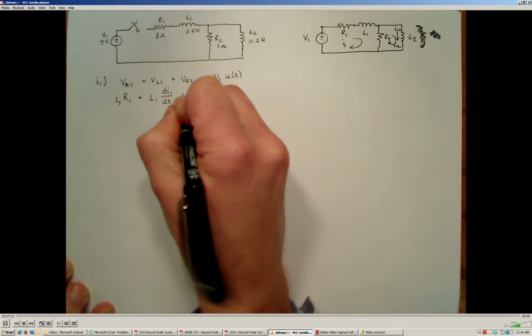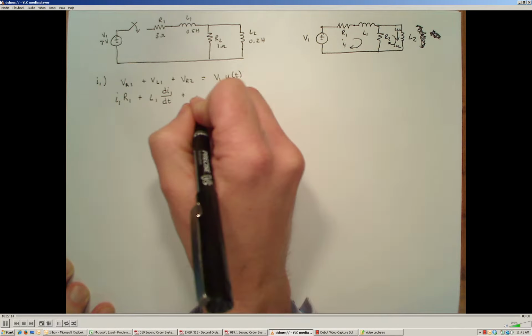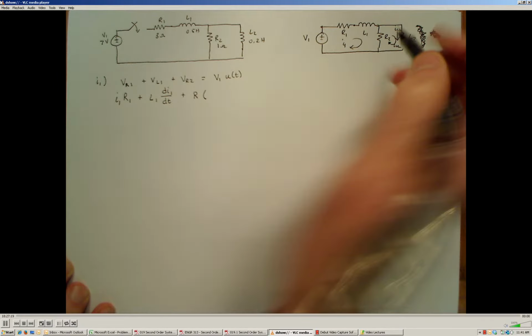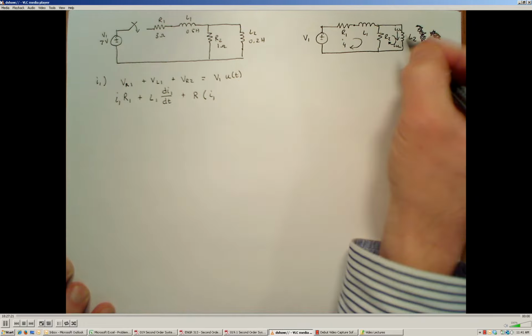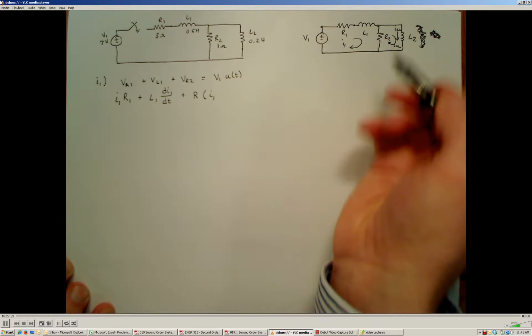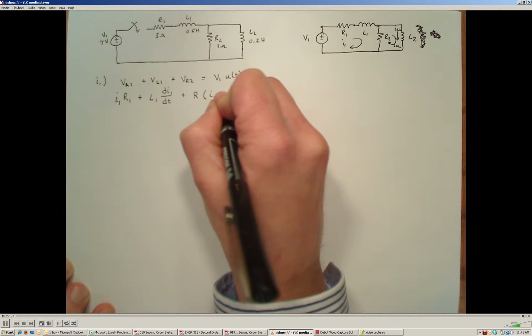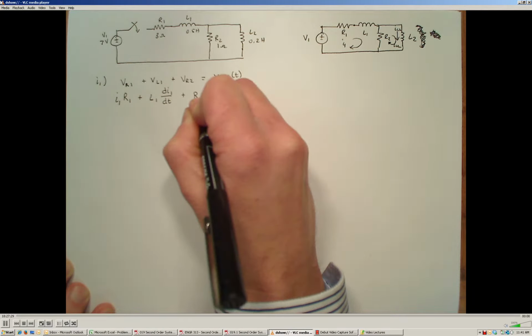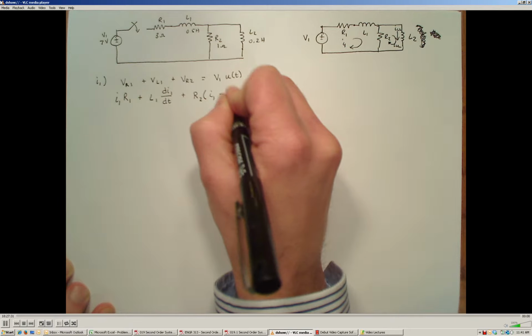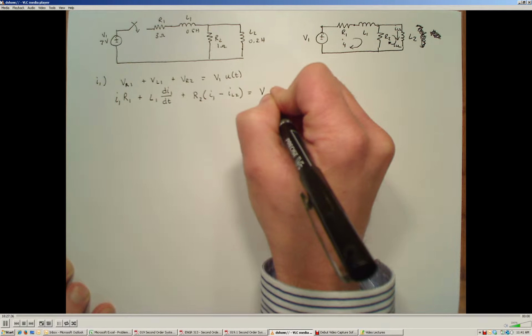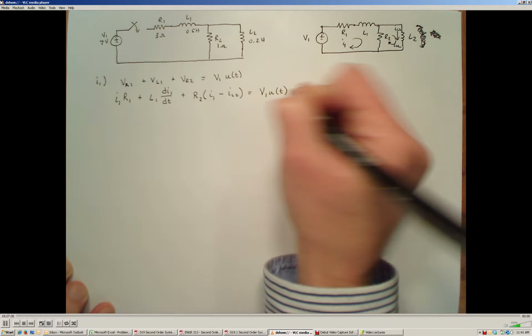And the potential developed across resistor R2 is how the two meshes are coupled to each other. So we're going to have I1, and based on my assumed directions, I'm assuming IL2 is going counter to that, so I will subtract that. So this will be R2 times I1 minus IL2. And that needs to sum to be equal to V1 times the unit step function.